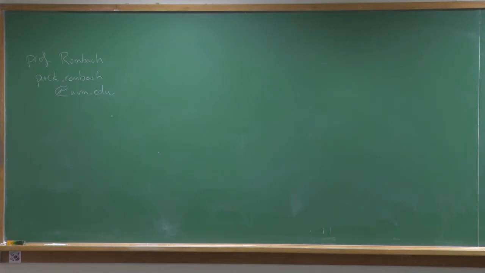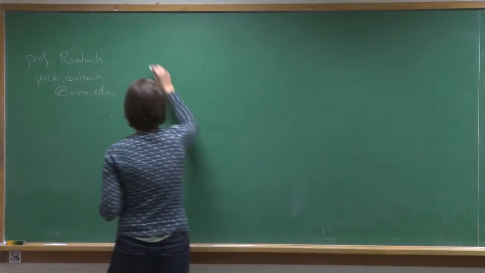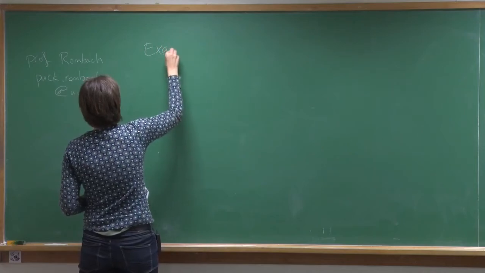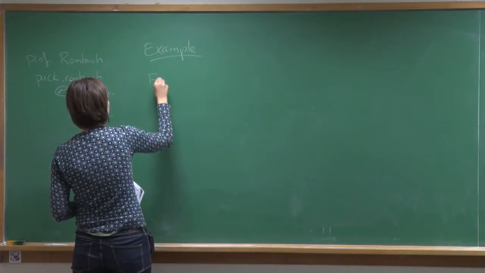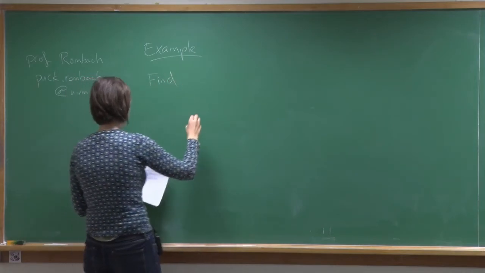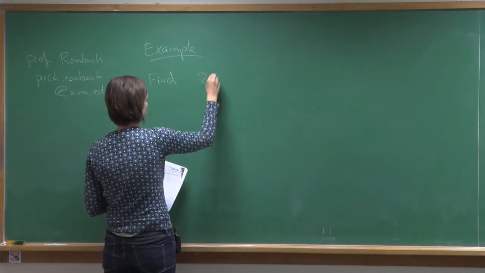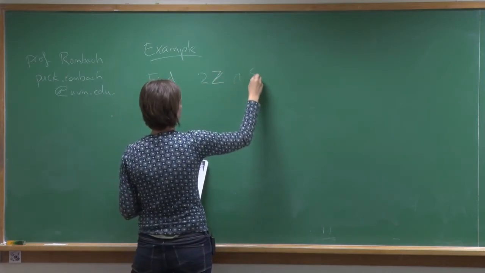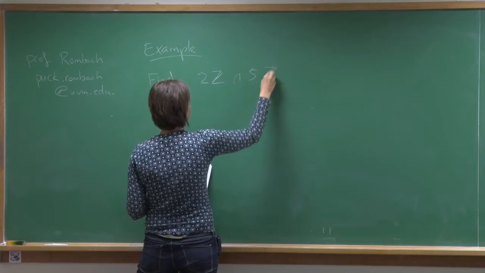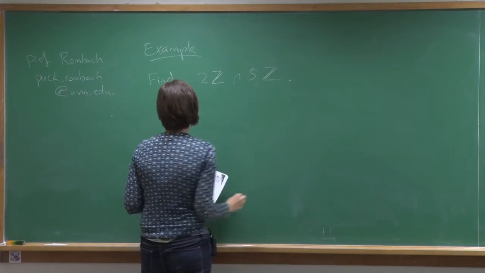So the example is to find the intersection of multiples of 2 and multiples of 5. Okay, there we go.